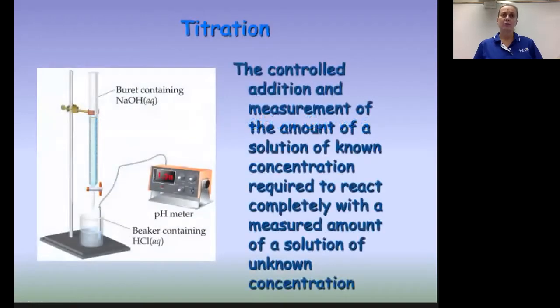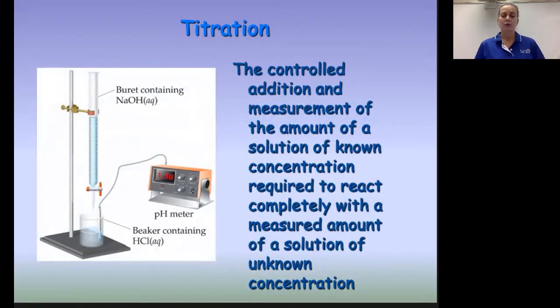So a titration is really just a volumetric analysis. It's a way for us to use the volume of a known concentration solution and the volume of an unknown concentration solution to determine the concentration of that unknown. So just like we have used spectroscopy to determine the concentration of an unknown, this is just another tool at our disposal.